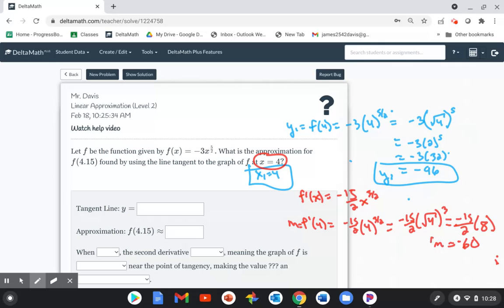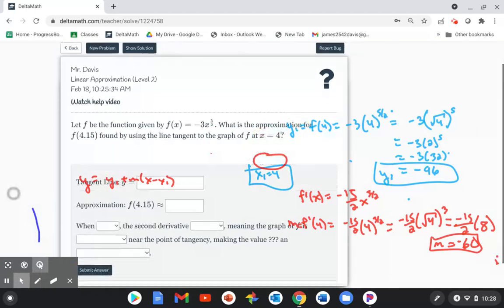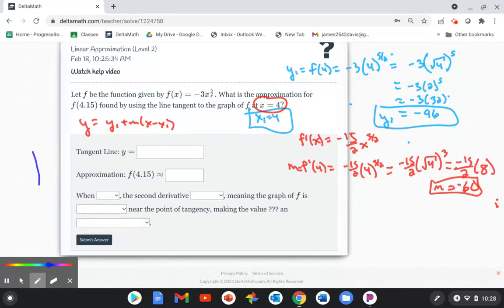That is our m. So we can go ahead and write our tan line equation then by using y equals y1 plus m times x minus x1. So our tan line equation, it's going to be, let's say y tan, just so we're there.